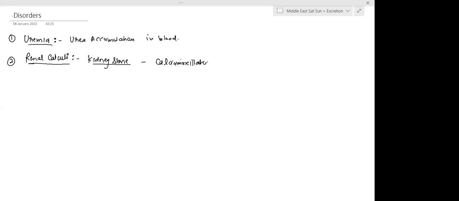Stones are an insoluble mass of salts of oxalate formed within the kidney.